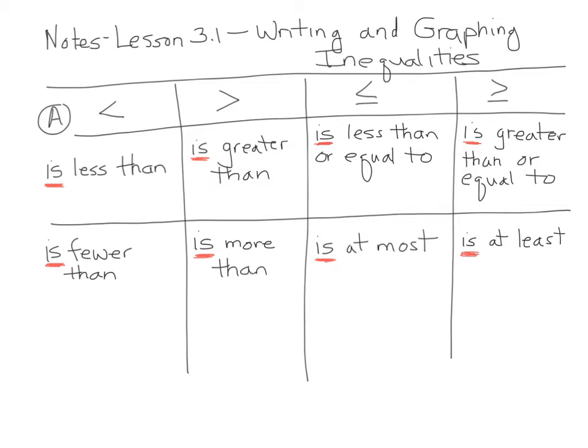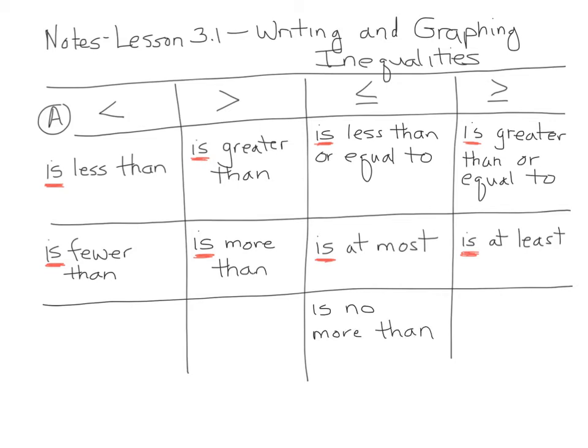All right, now the last two have actually 2 more translations. So this third one here, not only can you say is less than or equal to, is at most, you could also translate it as is no more than. So if it's not more than, it has to be less than or equal to.